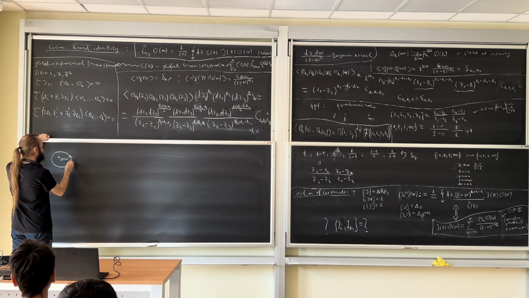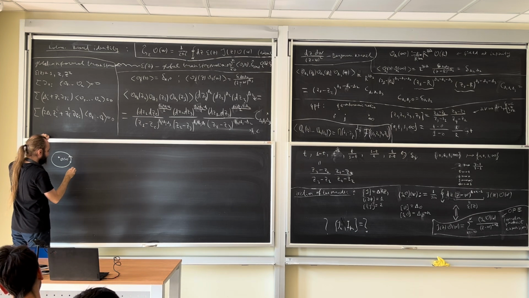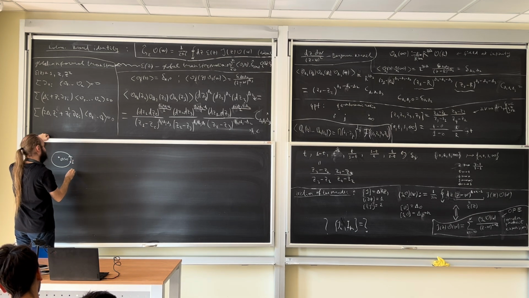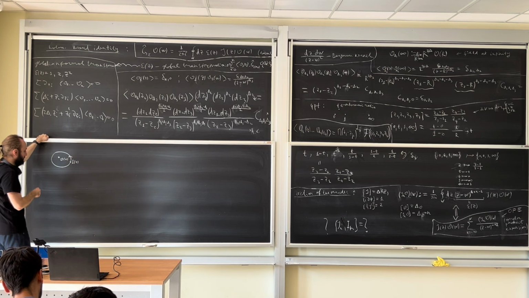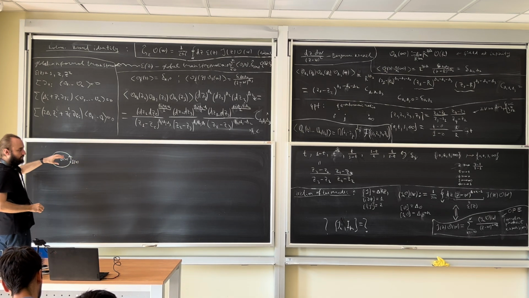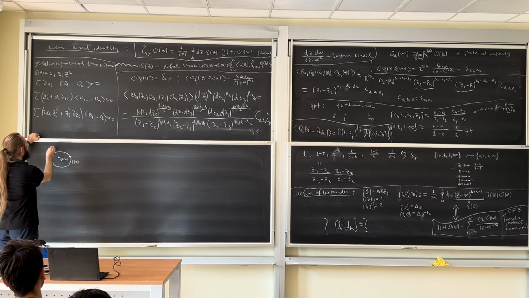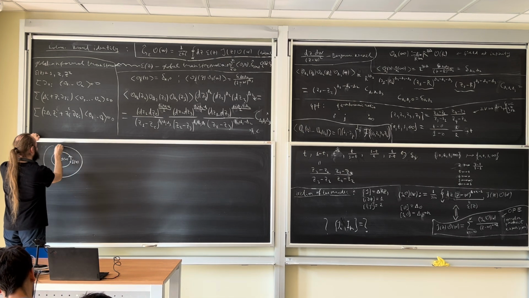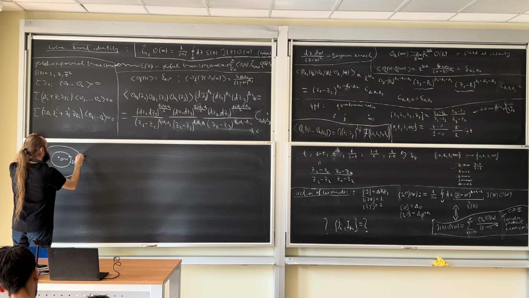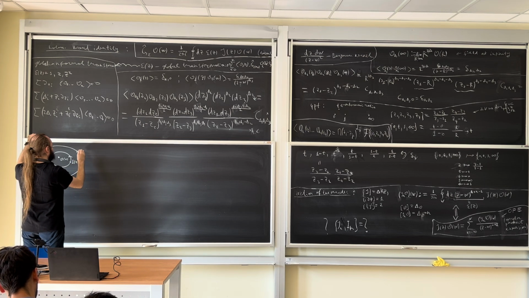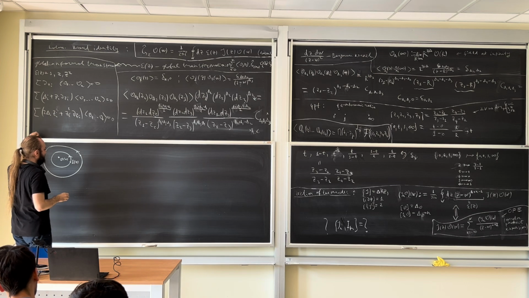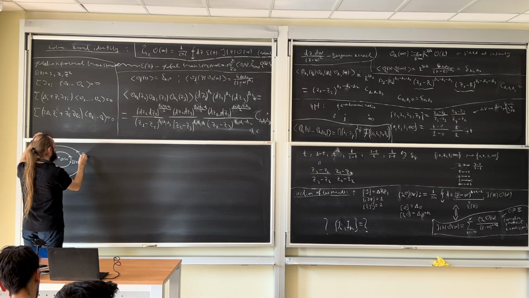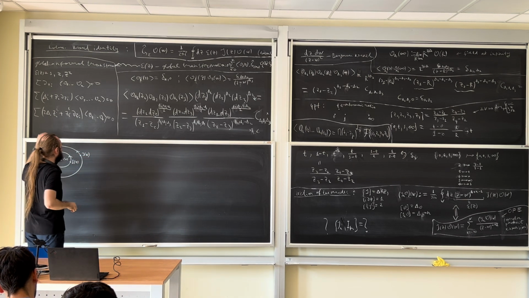This is I of z, for example. And then when we compute this expansion, we act with another generator, j. So I of z, we act with j of w.